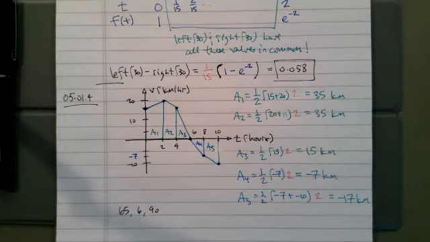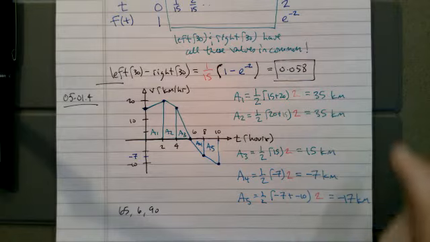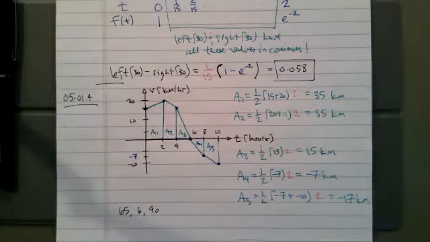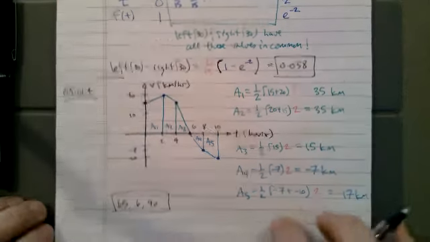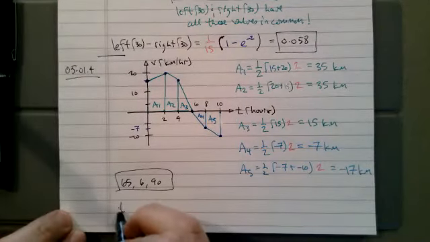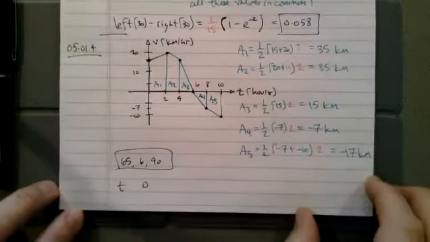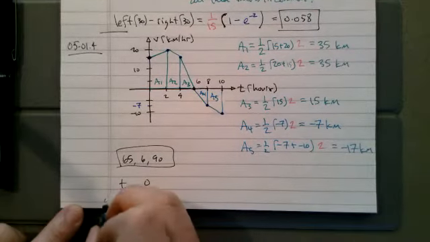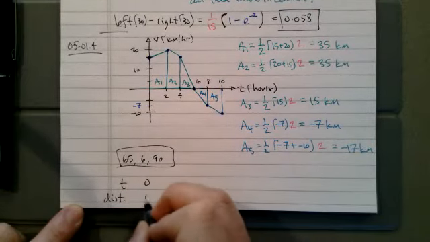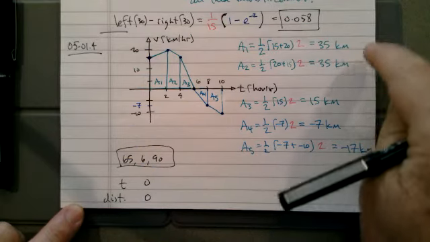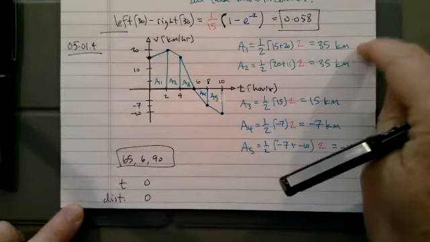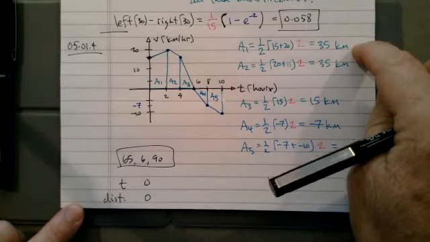You're farthest from home at 6 hours. So you start off 0 kilometers from home. These are the 3 answers. At 0, you start off, this is your distance from home. You start off at 0. These values are not where you are. These are how far you've gone in the last 2 hours.